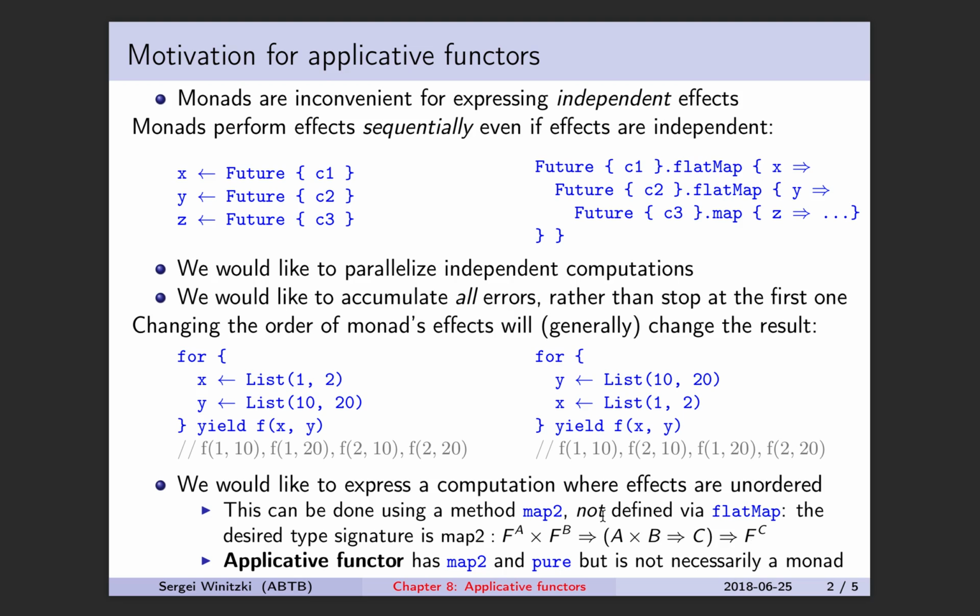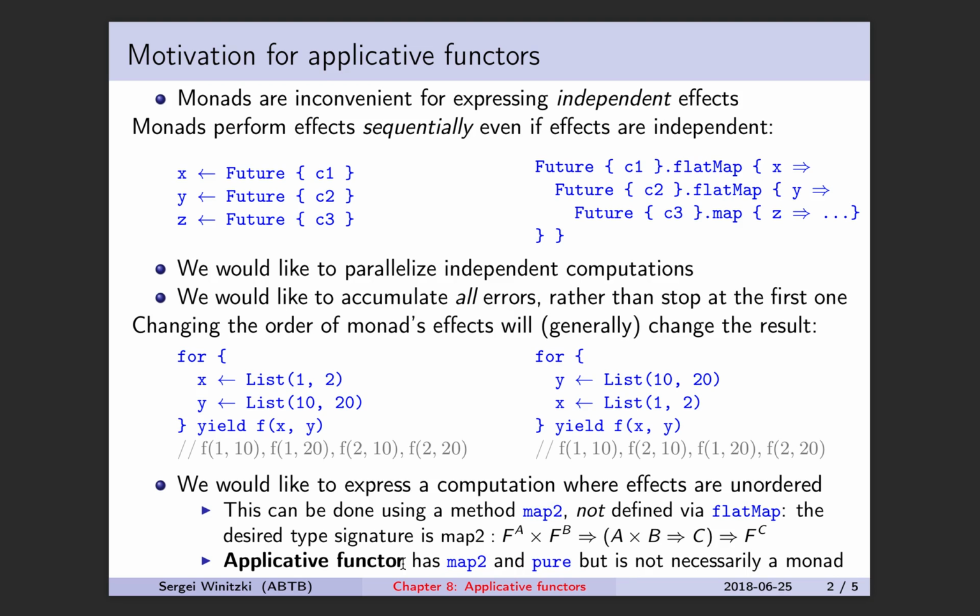Applicative functors are functors f for which this function is available somehow. Also, the function pure, the same function as in monads, with the type signature a going to f of a, must be available. But that function, just like in the case of monads, is much less important for practical coding than this function.